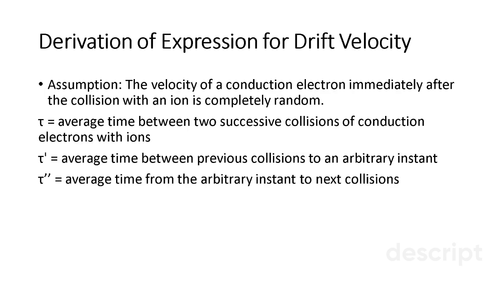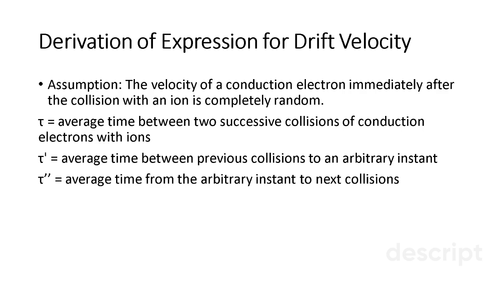Next, we will see how to derive the expression for drift velocity. We make an assumption. The assumption is that when a conduction electron collides with an ion, then the velocity of the electron immediately after the collision is completely random. Suppose that tau is the average time between two successive collisions of conduction electrons with ions.